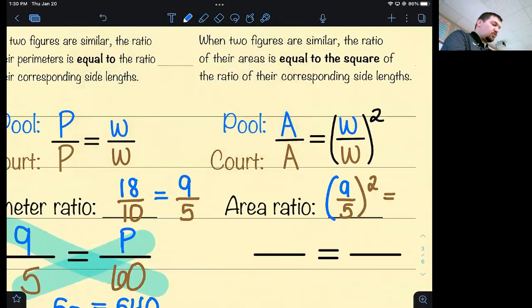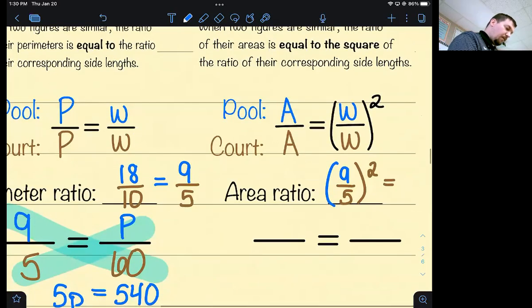Max, what will I get when I square 9/5? 81/25. Excellent. So I'm using the same ratio, but the squared version of that ratio to do the area problem.